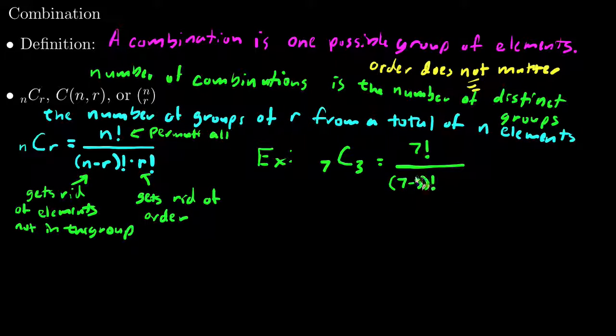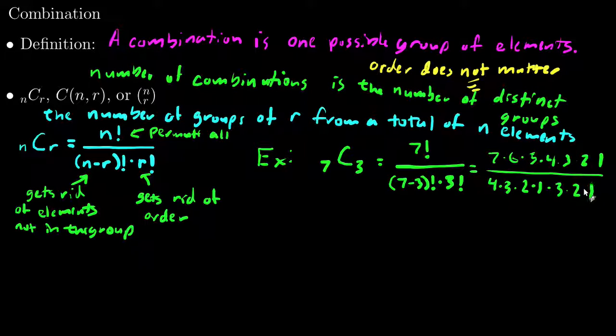This here is going to get rid of the objects that aren't in our group, and then times 3 factorial. Now, let me show what's going on. So 7 factorial is 7 times 6 times 5 times 4 times 3 times 2 times 1. 7 minus 3 is 4. 4 factorial is 4 times 3 times 2 times 1. 3 factorial is 3 times 2 times 1.